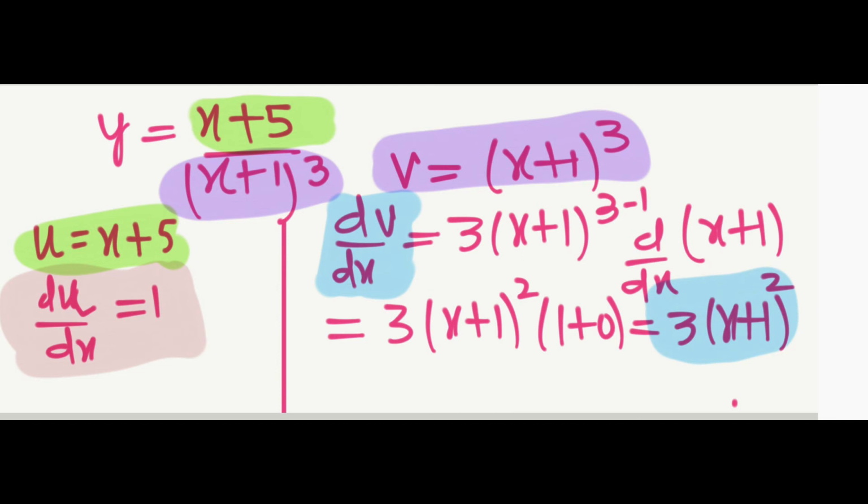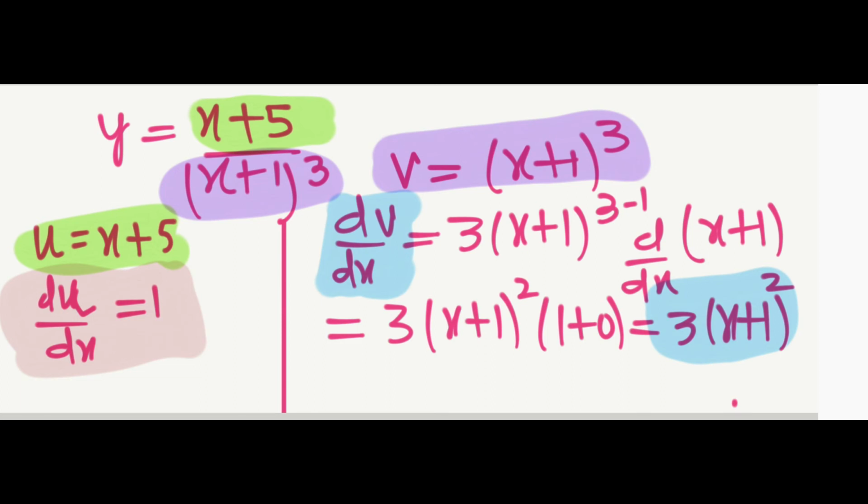That was bring the power to the left, 3 is brought to left, write the base x plus 1, reduce the power by 1, that is 3 minus 1, into make the chain of derivative of the base, and the base was x plus 1. So it should be d by dx of x plus 1.